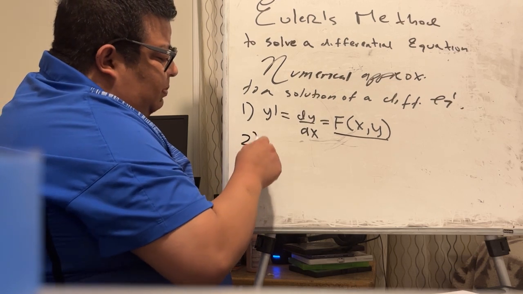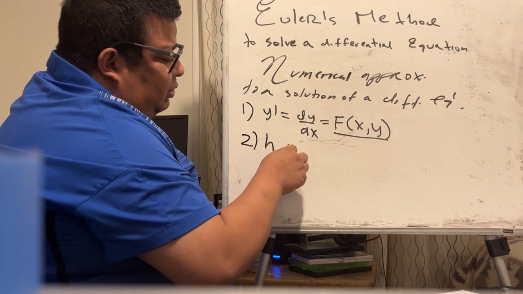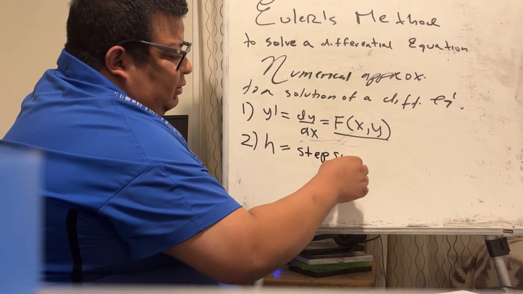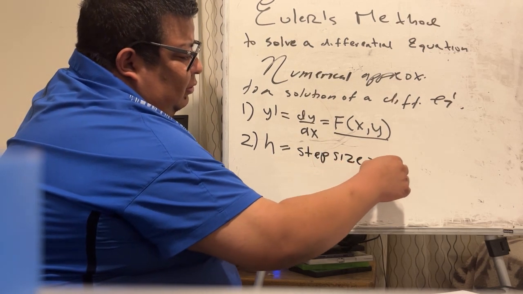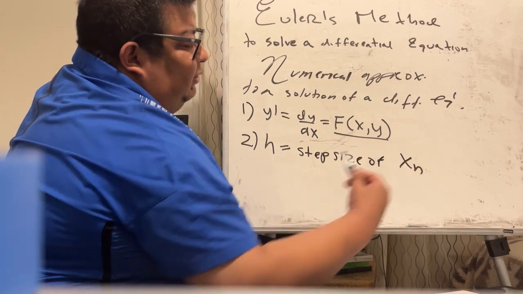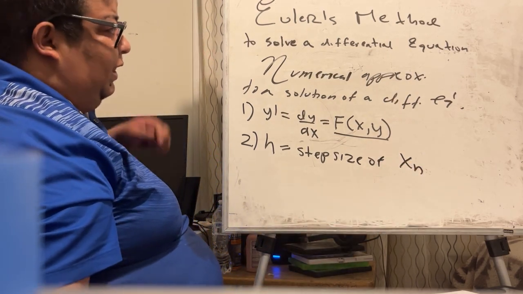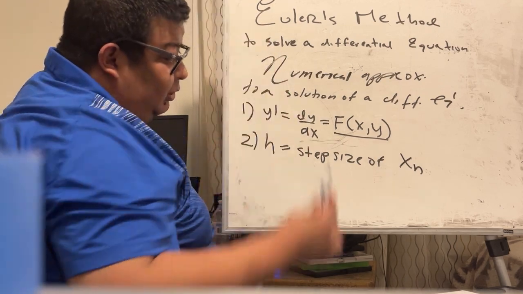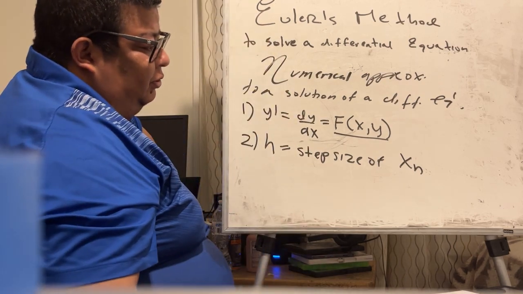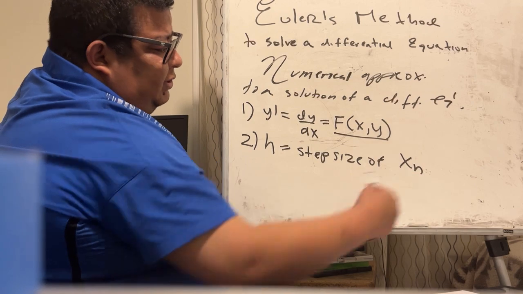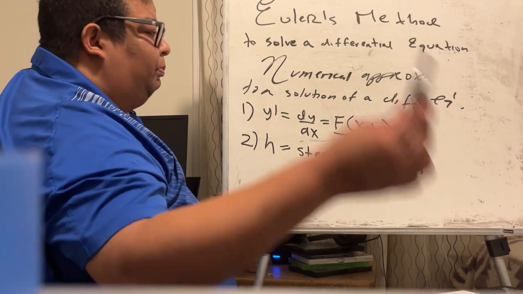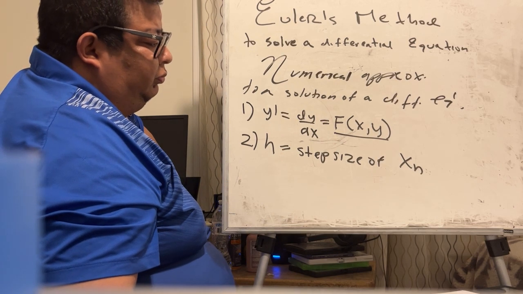You're also going to be given something called h, which is the step size of xn for the algorithm. So for every iteration, you're going to add this step size to your x value from the previous iteration.